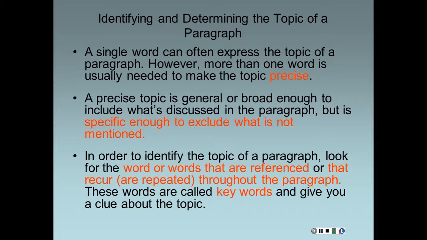In order to identify the topic of a paragraph, look for the word or words that are referenced or recur or repeated throughout the paragraph. These words are called keywords and give you a clue about the topic.